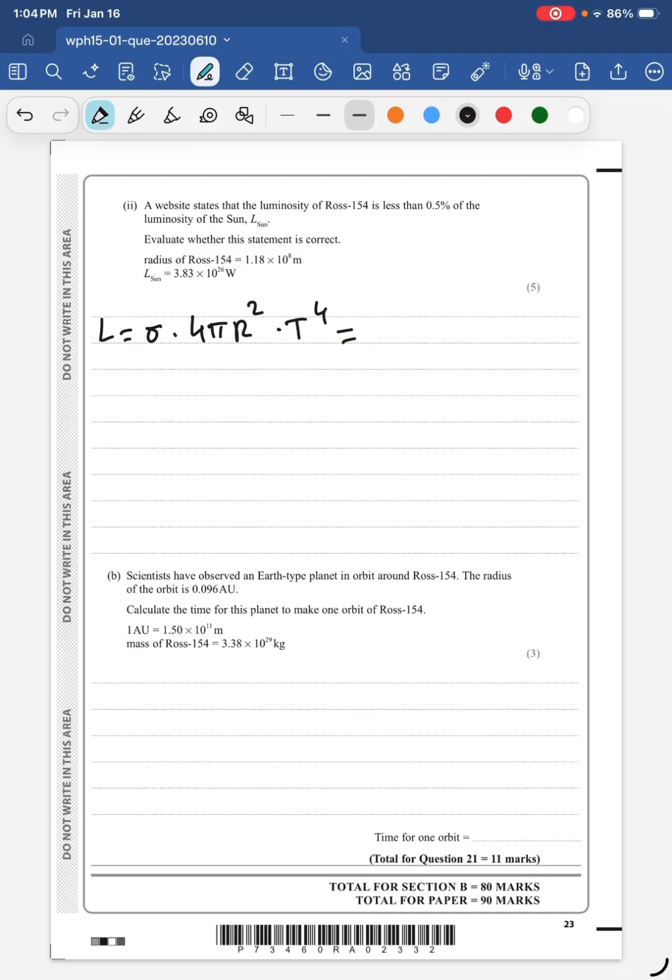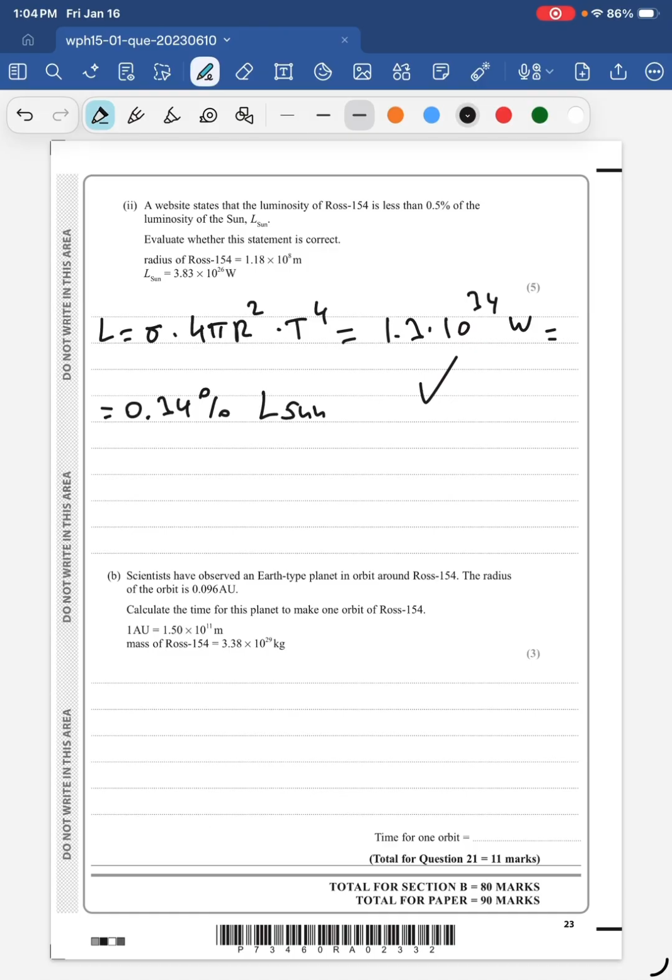And I'm going to be lazy and just quote the result, which is 1.3 times 10 to the 34 watts, which is equal to 0.34% the luminosity of the Sun. So the statement is actually correct.